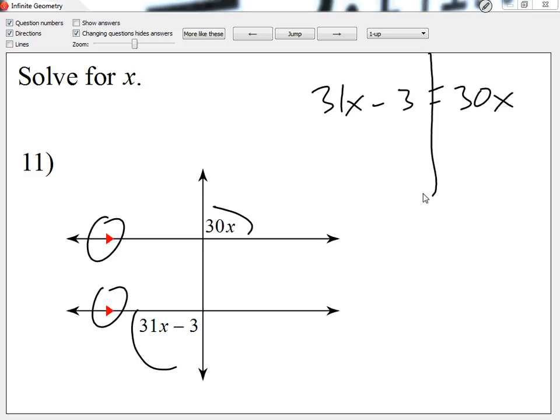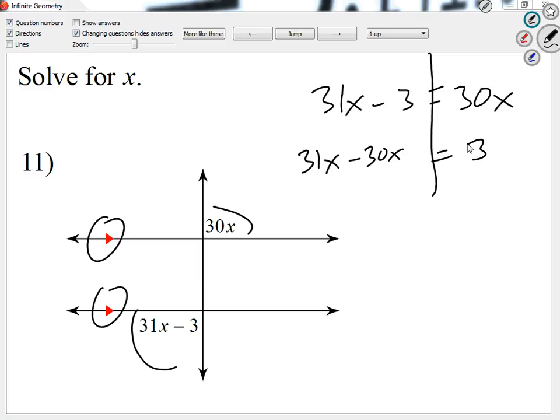The way I do it is, I'm going to put the terms with a letter on the left side and those without a letter on the right side. Because whenever I move something from one side to the other, I switch the sign. So what I mean by that, let me go 31x minus 30x equals positive 3. My 3 on the left became positive on the right because I moved it.